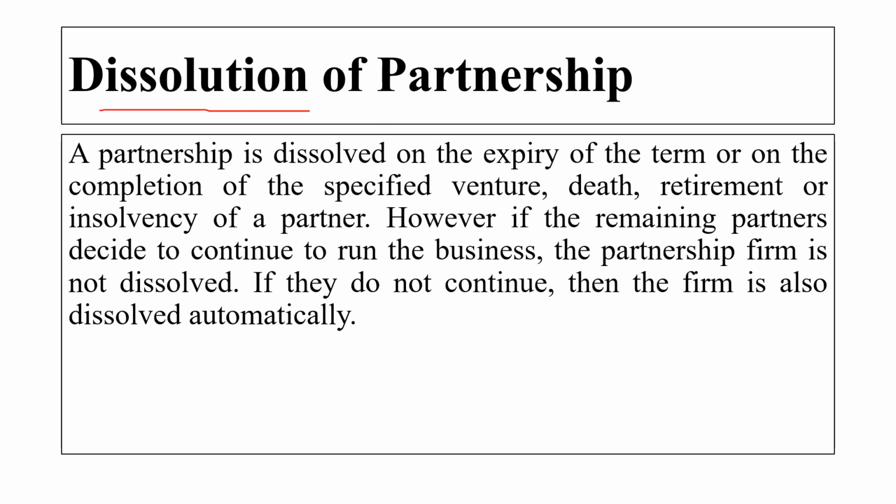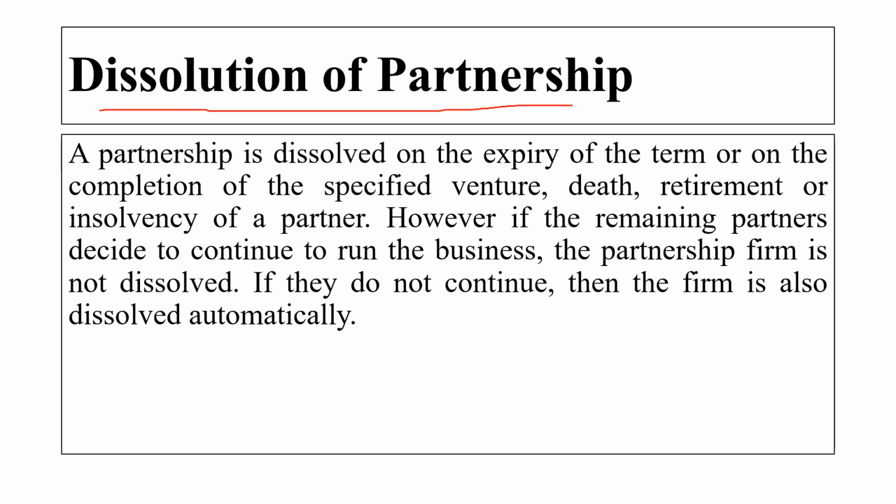Then there is the dissolution of the partnership. A partnership is dissolved on the expiry of the term, or on the completion of the specific venture, death, retirement, or the insolvency of a partner.